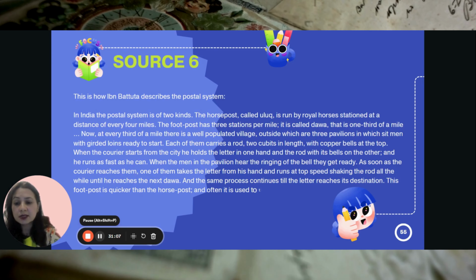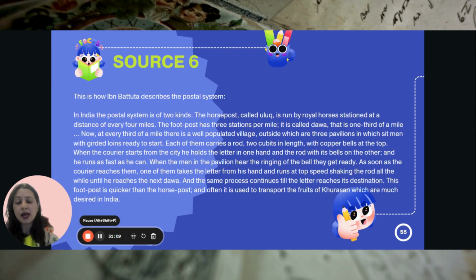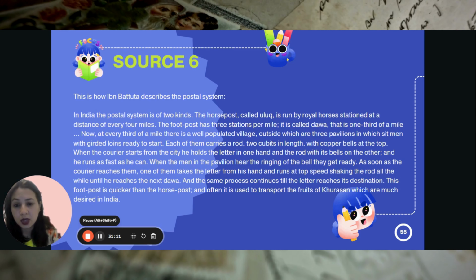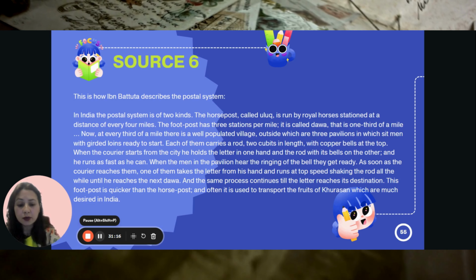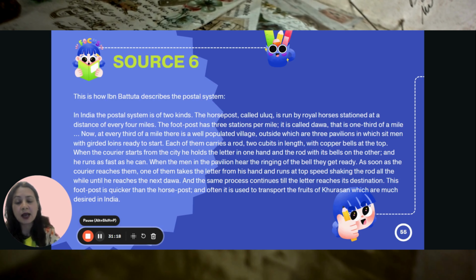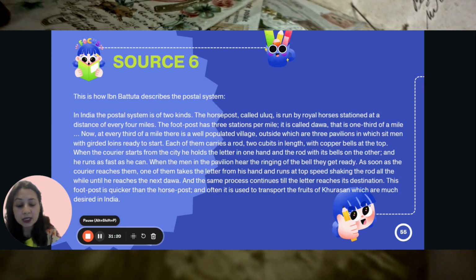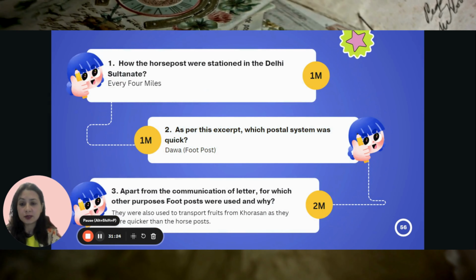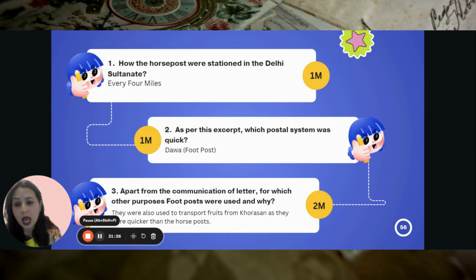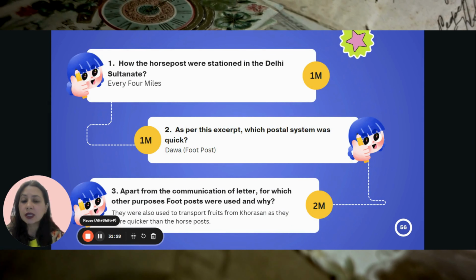So next is about the postal system as described by Ibn Battuta. There were two types of posts, a horse post and a foot post. And as I have been telling you repeatedly, please read the source during the reading time itself, and then you come to the questions. First, read the questions. How was the horse post stationed in Delhi?